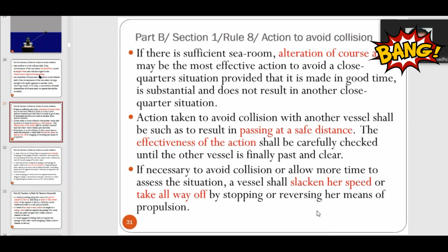How much? What do you mean by safe distance? It is the same as when we talk about safe speed. So when you say safe speed, what do you mean by safe speed? Can somebody define? Tell me. Every vessel shall maintain at all times a safe speed, prevailing to the circumstances and the conditions. So what is a safe speed?